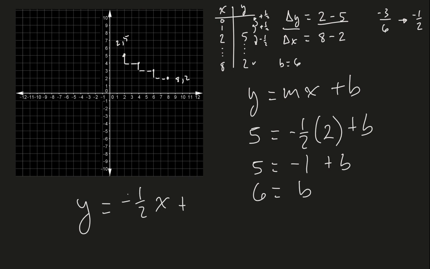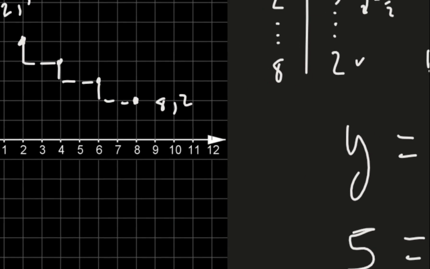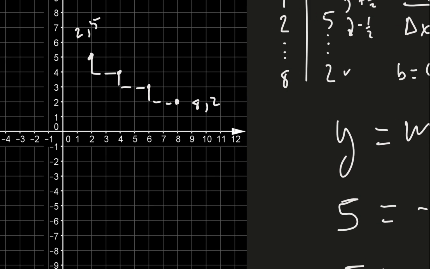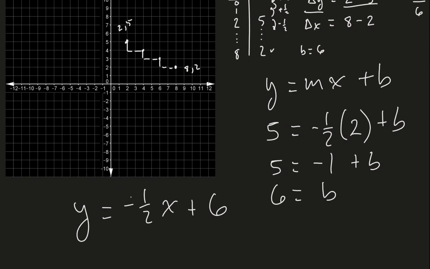Another thing worth noting is that if I plug in (8, 2) or if I plug in (2, 5), both of those points should work. It's nice to take, for example, the x from the first point, 8, and take negative 1/2 of that.